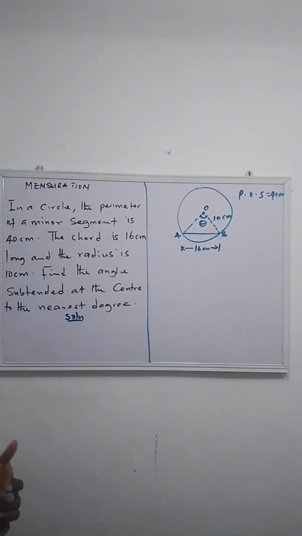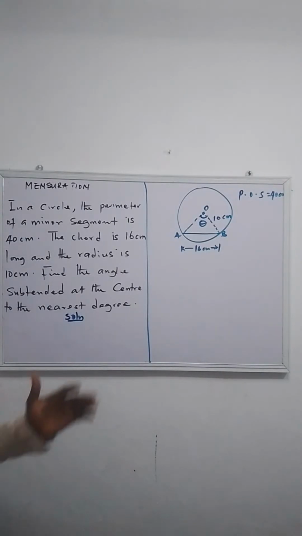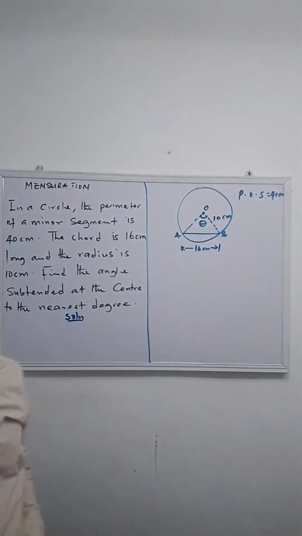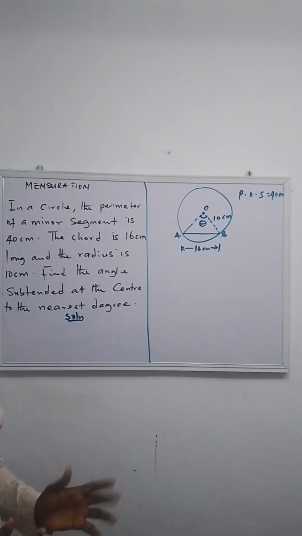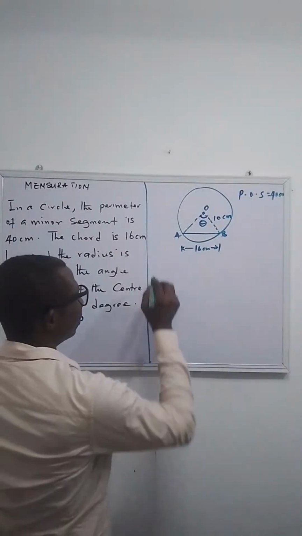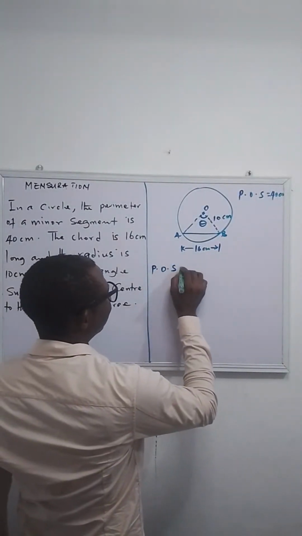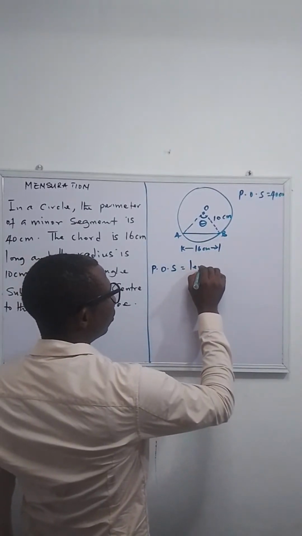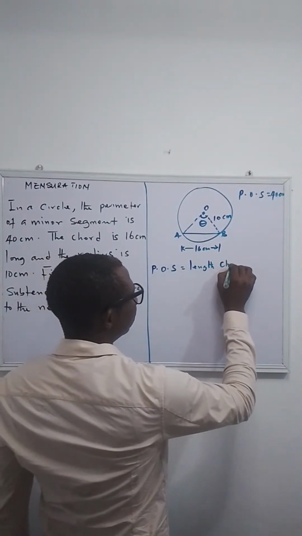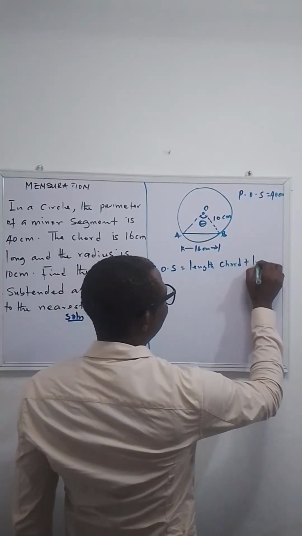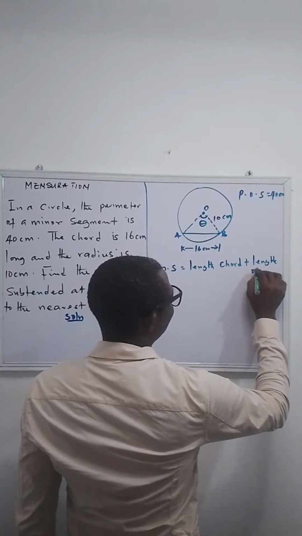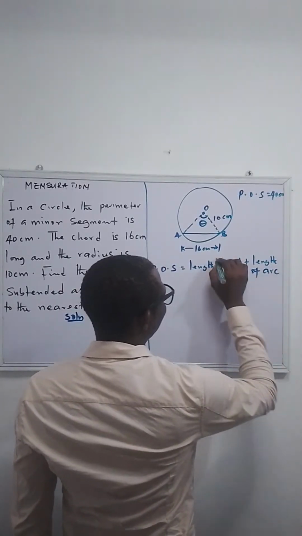The first thing I'm going to do is look at what is given. I'm given the perimeter of the segment, so I'm going to write out the formula for the perimeter of a segment. Perimeter of segment equals what?